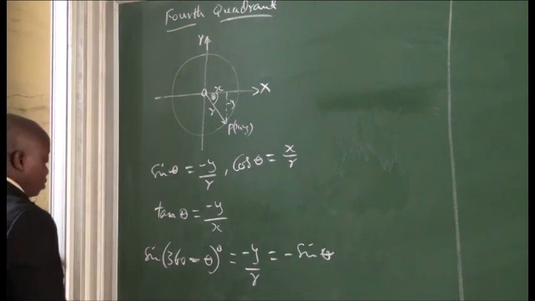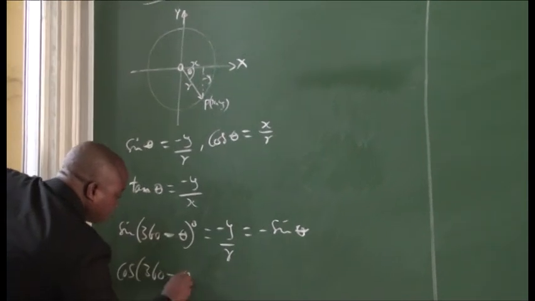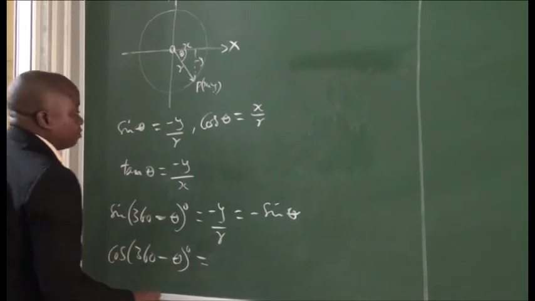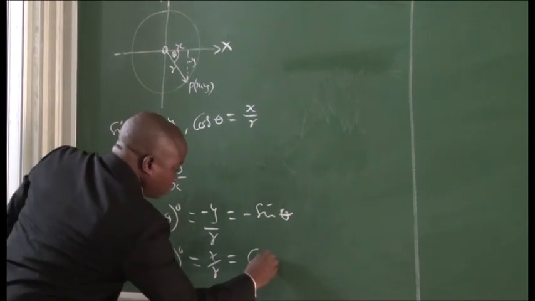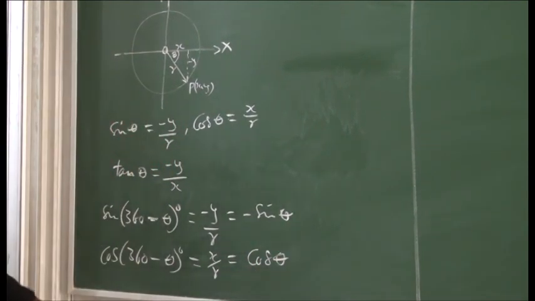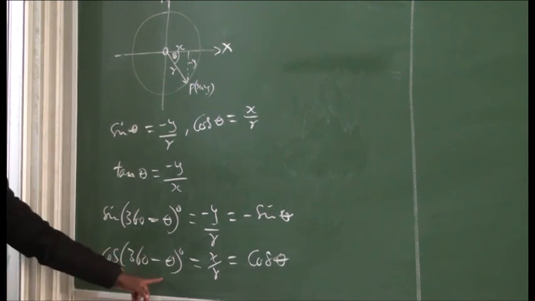All right? So cos of 360 minus theta degrees will be equal to x over r, which is equal to cos theta. Now notice that in the fourth quadrant, cos is positive.